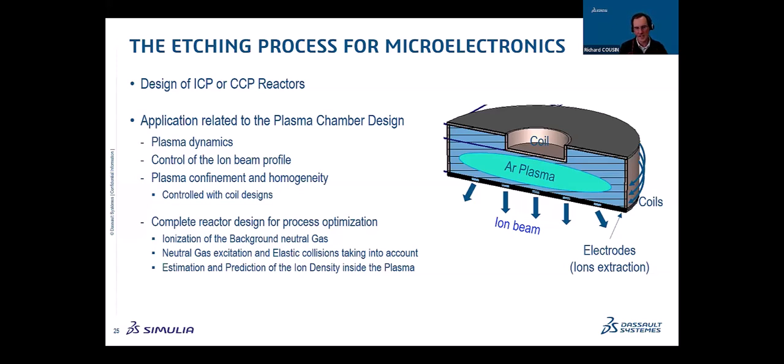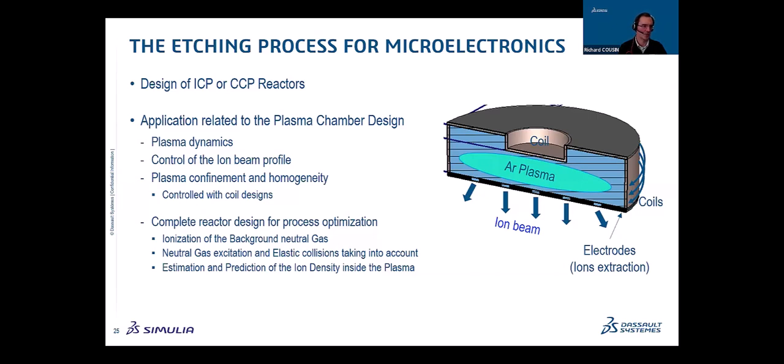So that's here the design of so-called ICP or CCP reactors, inductive coupled plasma, capacitive coupled plasma reactors. And for this, we can here control the plasma dynamics. You can control the ion beam profile, and because you can set here the external systems such as the coils and so on, you can also analyze the plasma confinement and homogeneity, which is key for this kind of applications.